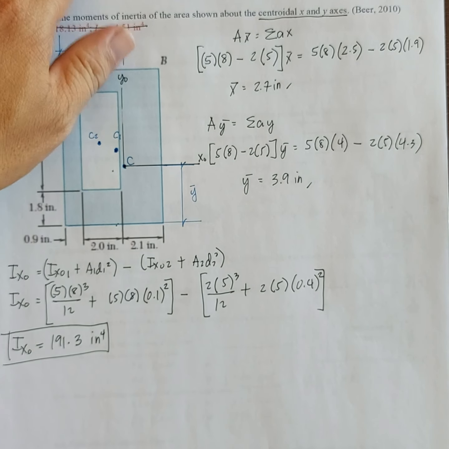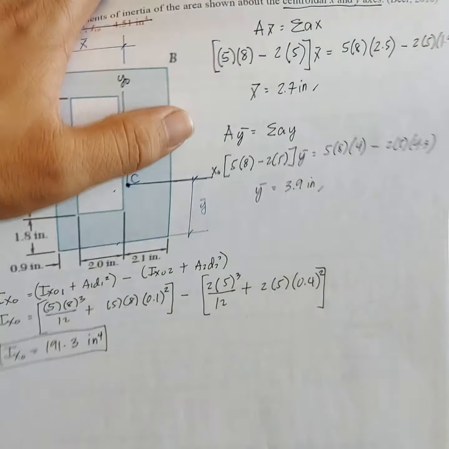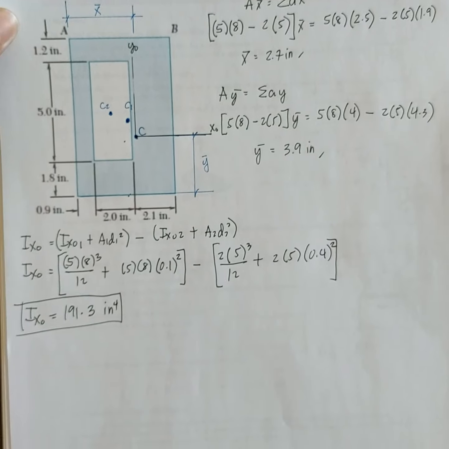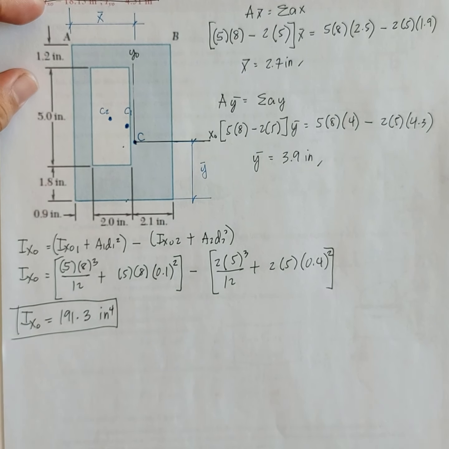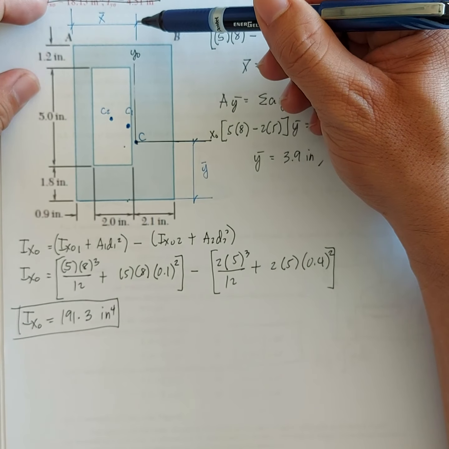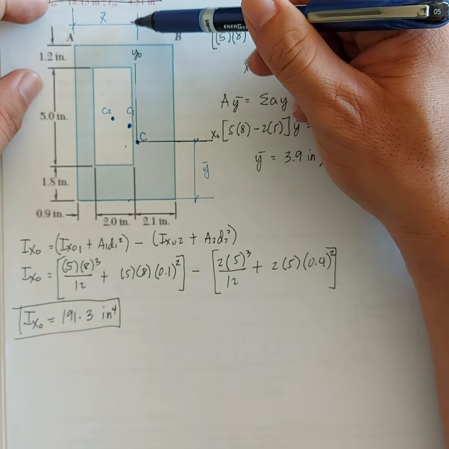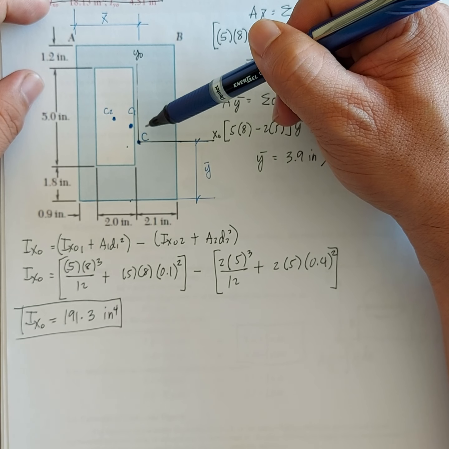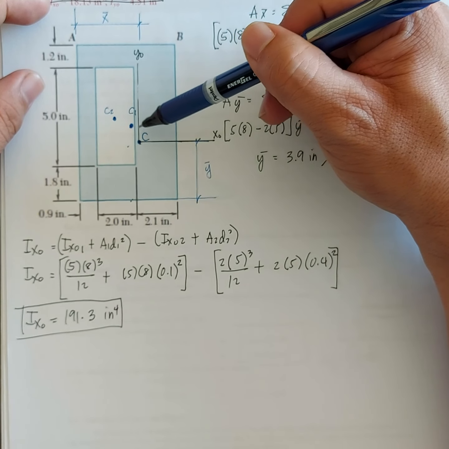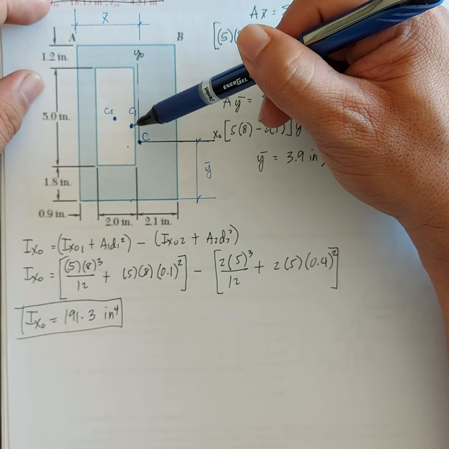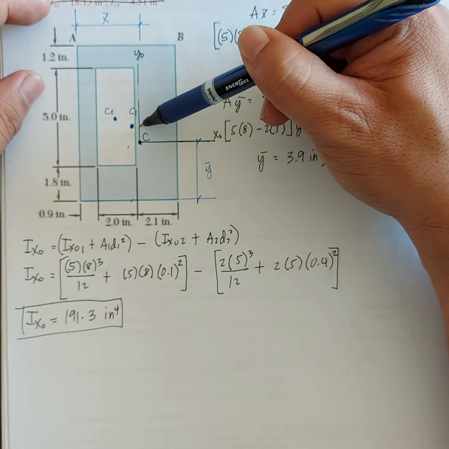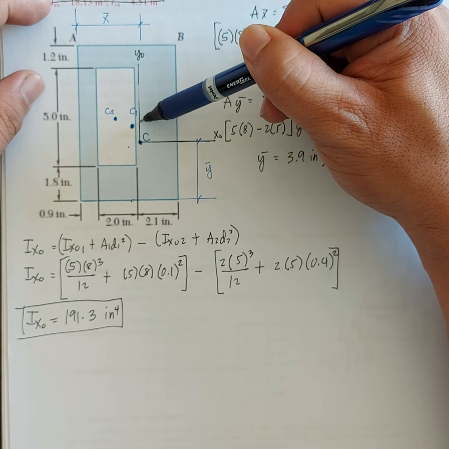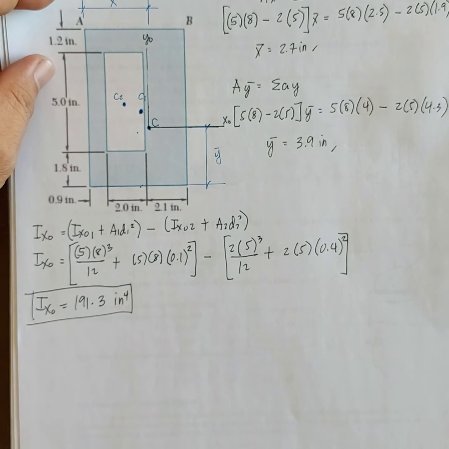So, the same procedure. Same pa rin. Since sa IYO, so take note sa YO natin, sa axis, centroidal y-axis natin, hindi ulit magkaka-align yung C1, C2, and C. So, dapat i-transfer ulit natin C1 to this one minus ito to this one. Okay? So, let's do that.